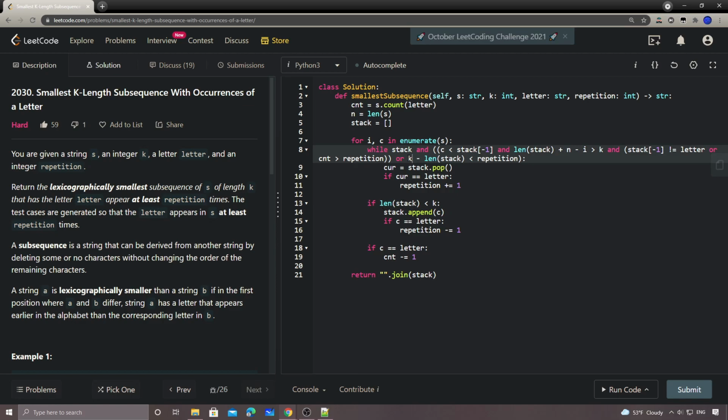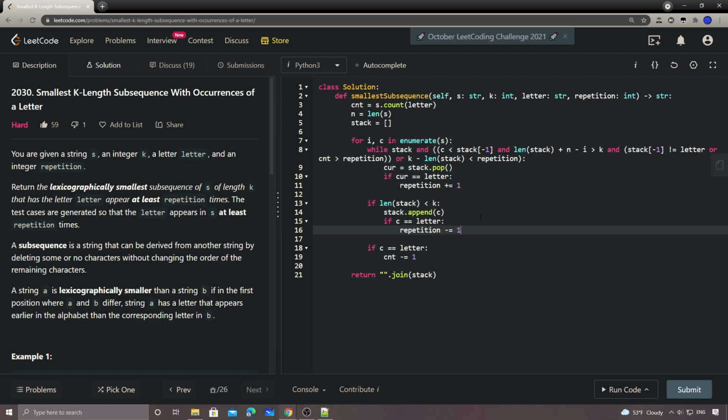So you need to move this somewhere below, within this if statement. Even though the length of the stack is smaller than k, we also want to check if there's enough space left to meet the repetition. So that's another way of doing it. Yep, I think that's it.